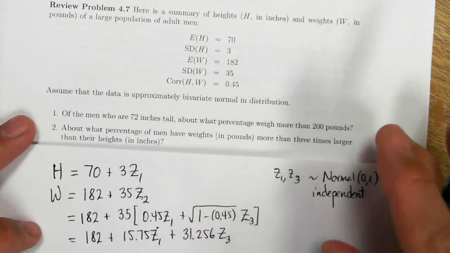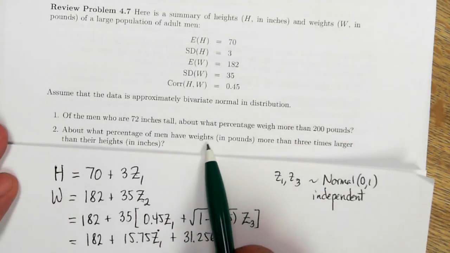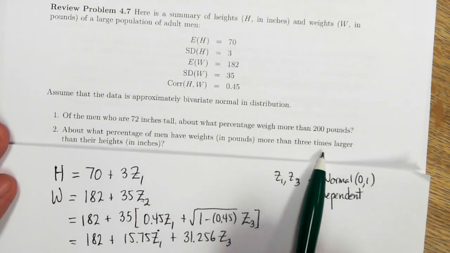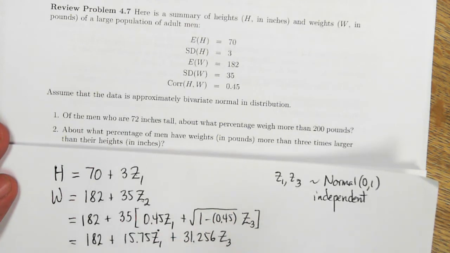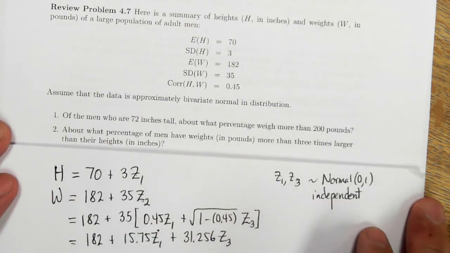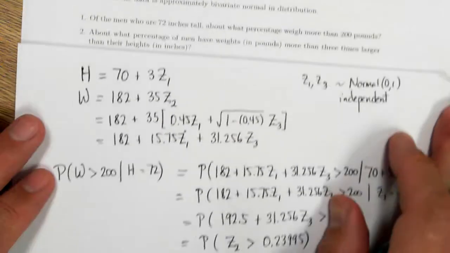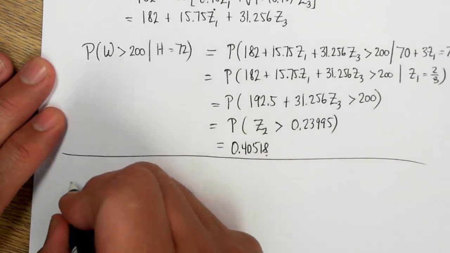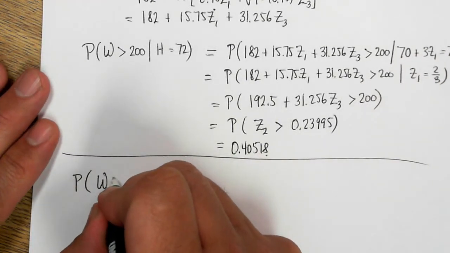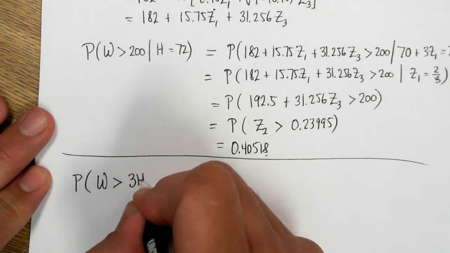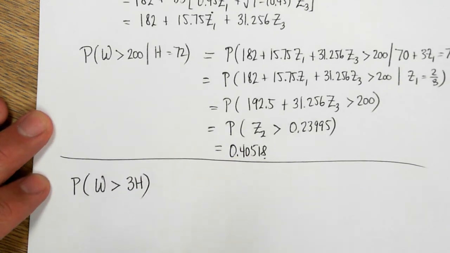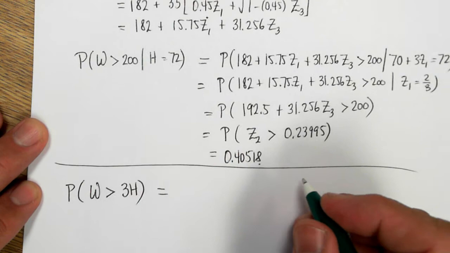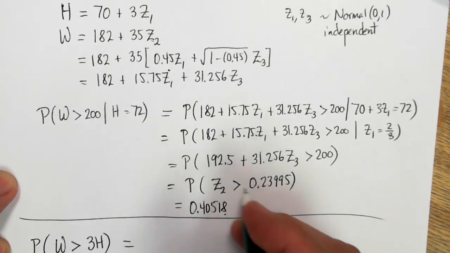Part 2 of the problem asks what proportion of men have weights in pounds that are more than 3 times larger than their heights in inches. I'm not sure how many people actually care about this, but let's go ahead and calculate it. So the probability that the weight in pounds is more than 3 times the height. Okay, now once again, I use my conversion factors that I see here.